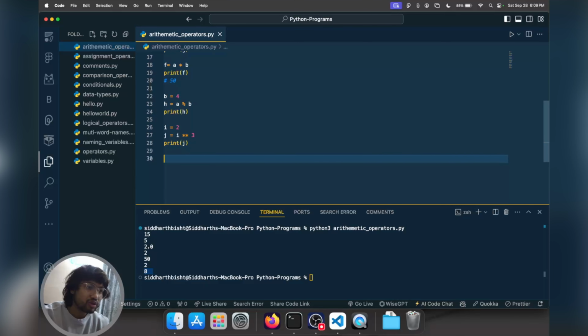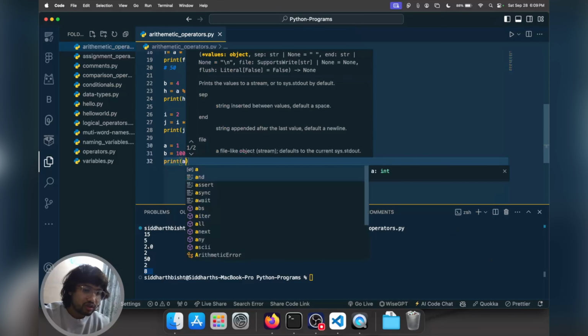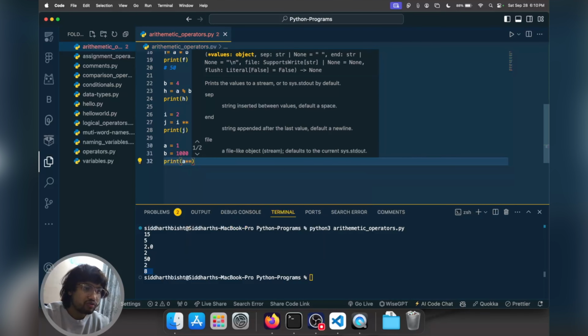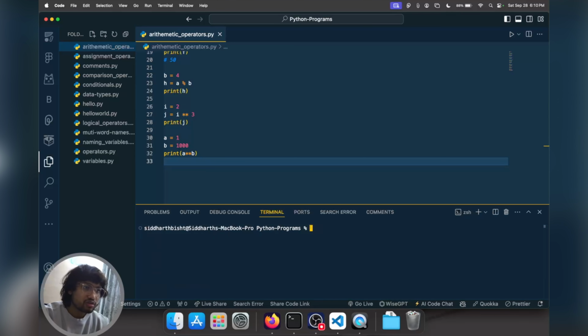Let me give you one more example. Let's say a equals 1, and b equals 1000. If I print a to the power of b, what will it print? It will multiply 1 by itself 1000 times, so it will print 1.